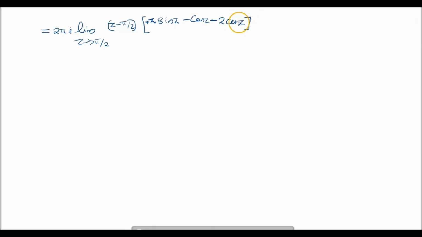And this into the derivative of z minus pi by 2, that means plus (minus z cos z minus 2 sin z) into 1, and the denominator 2 into (z minus pi by 2), its derivative is 2.